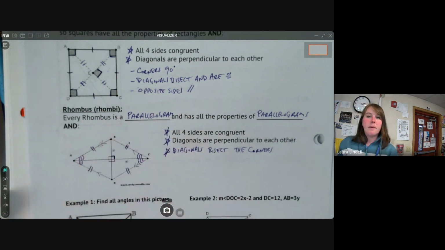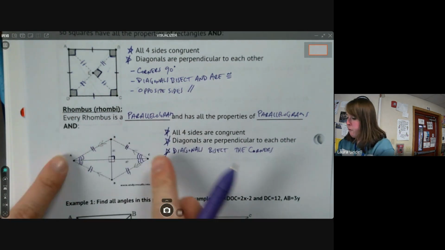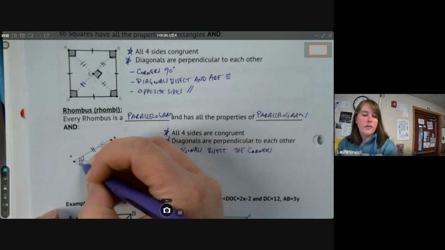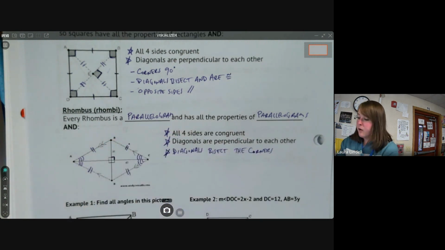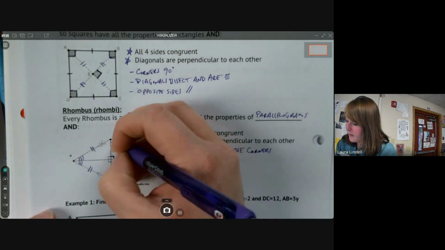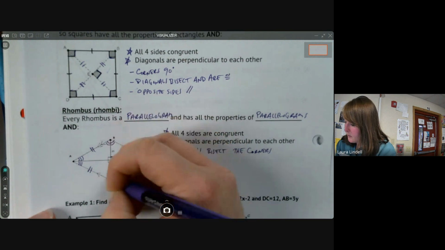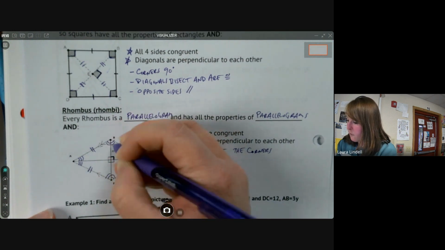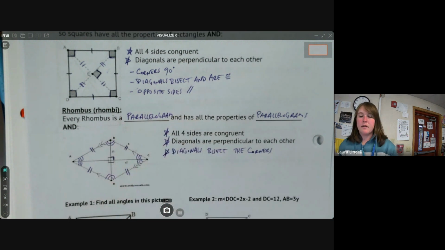And since it's also a parallelogram, all four of these pieces are the same size. Same thing going the other direction. This gets cut into equal pieces as well. So we have four pieces that are all the same amount of degrees, same measure.